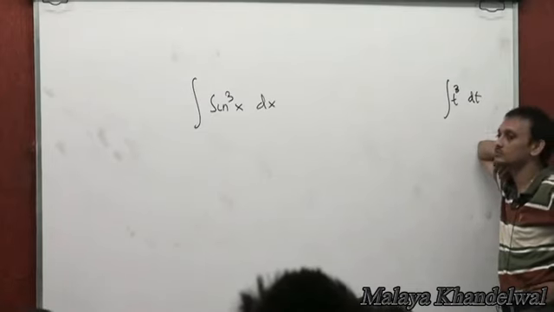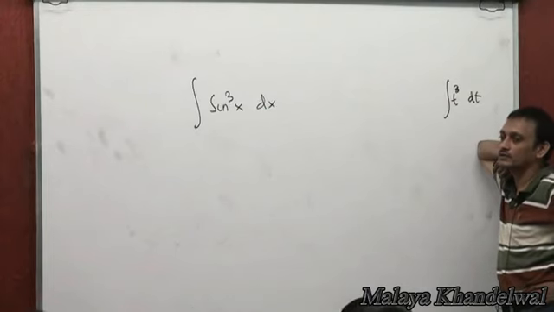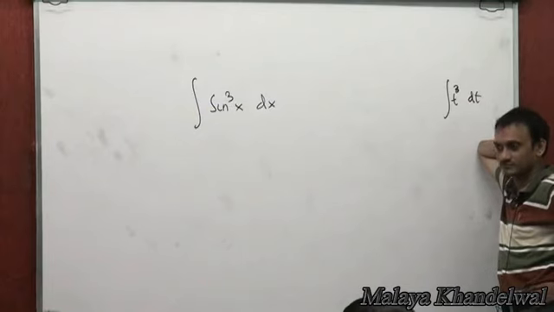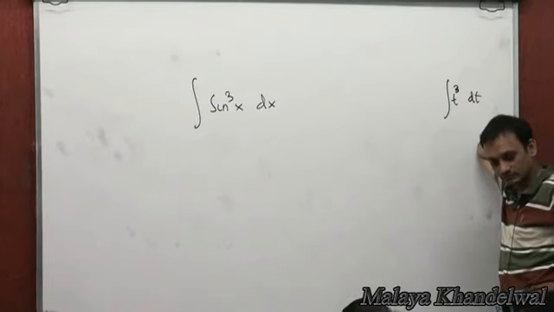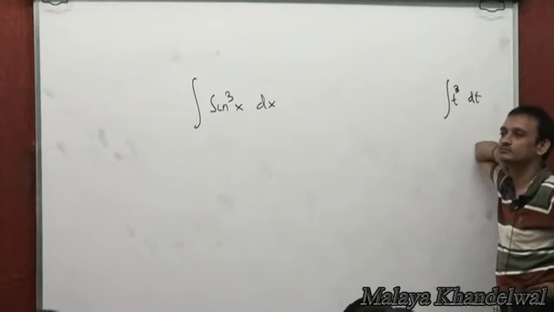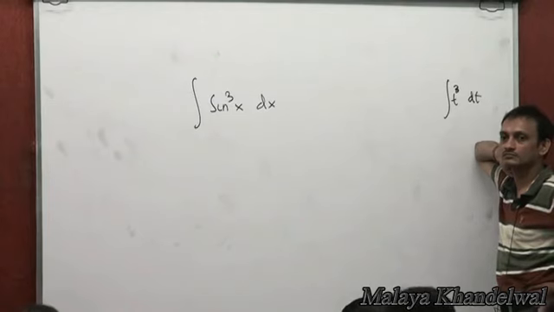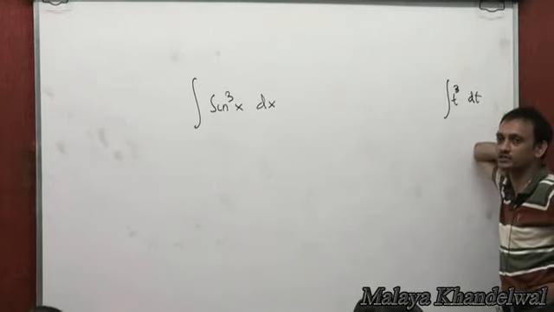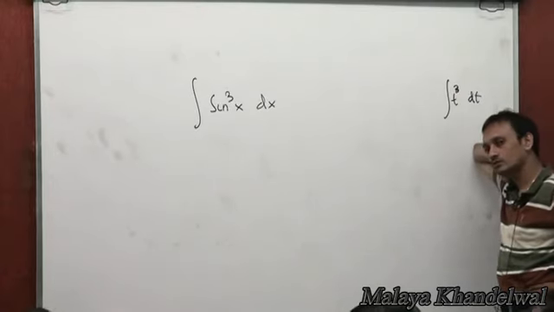And then do what? There is no product rule that you're aware of. No, sin cube x is indeed sin squared x into sin x, and then do what?